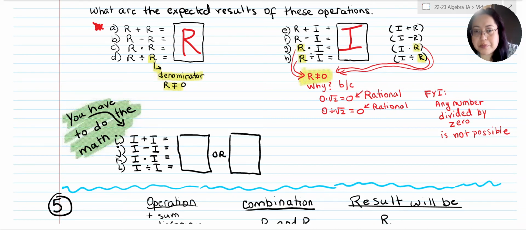The only exception would be if your rational number is 0, because multiplying by 0 is going to give you 0, which is rational. And 0 divided by any number is going to be 0, which is rational. So those are the only two exceptions where you won't get an I, you'll get an R. And obviously 0 is involved.